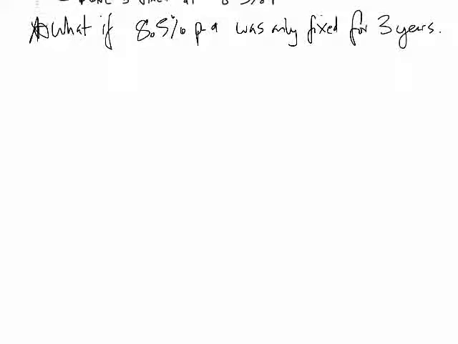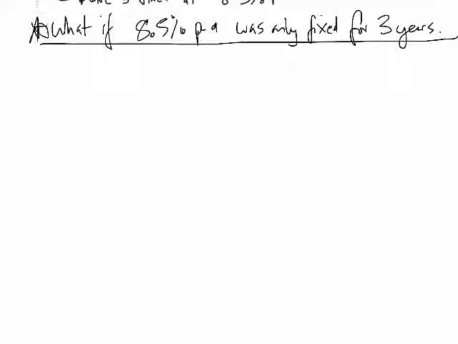Alright, so this is a more realistic scenario actually, because most of the time home loans are variable, okay? You can only fix them for a short time. When you start doing research for your DI, your home loan DI, you'll find that a lot of interest rates are not fixed. You can only fix them for a couple of years, maybe one, maybe two.